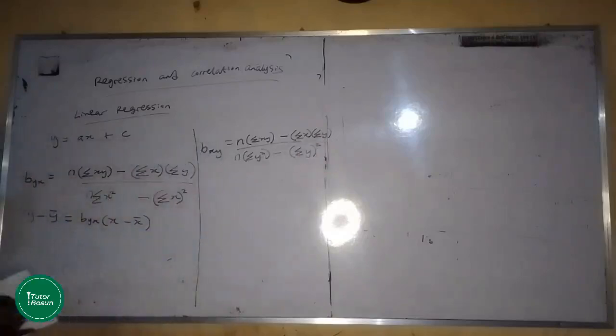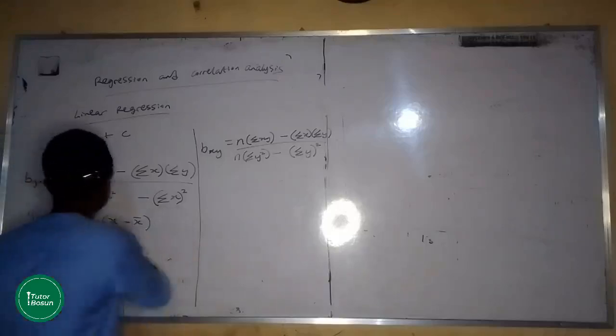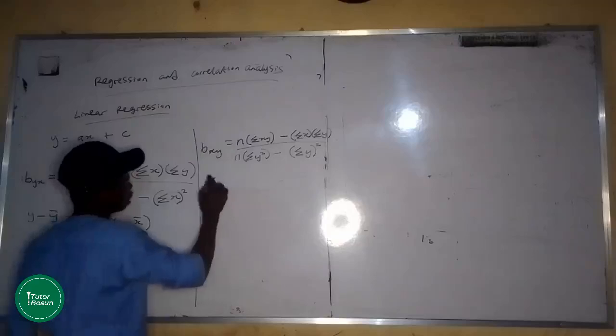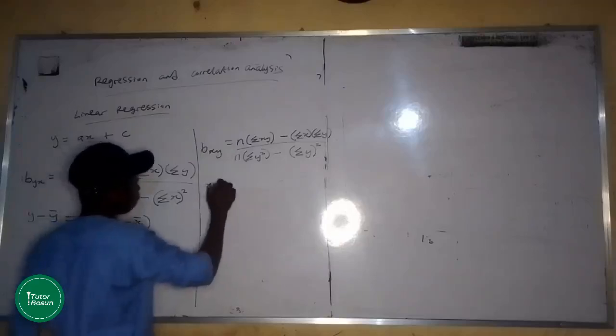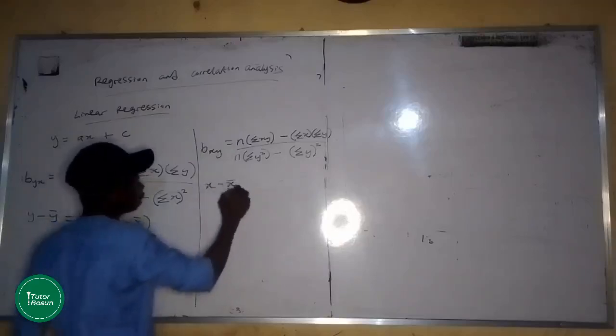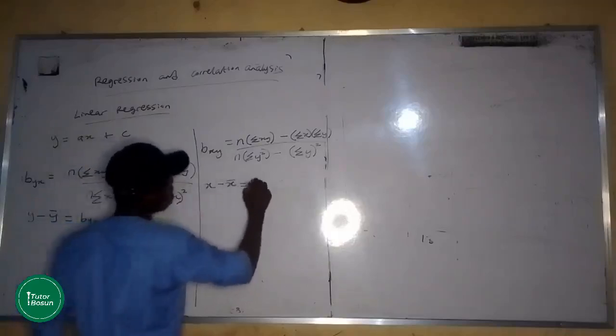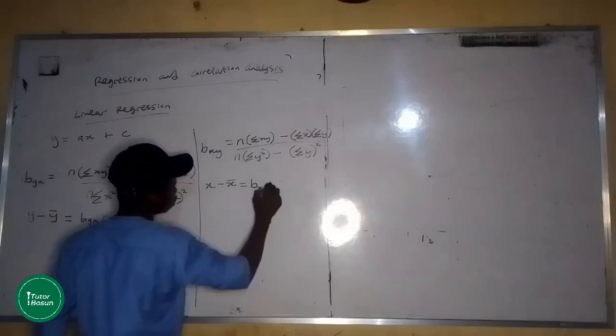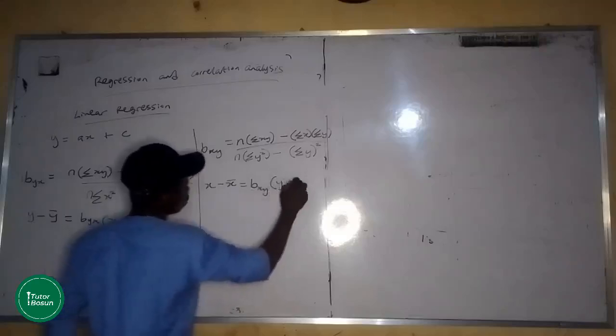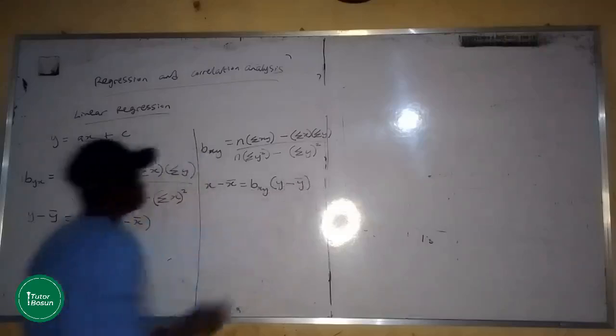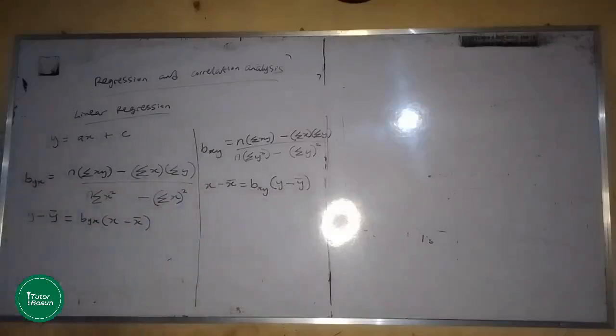Take note of the denominator; the denominator will change. So this is the regression of x on y. If you apply this formula, then you have x minus x bar equals the regression of x on y times y minus y bar.